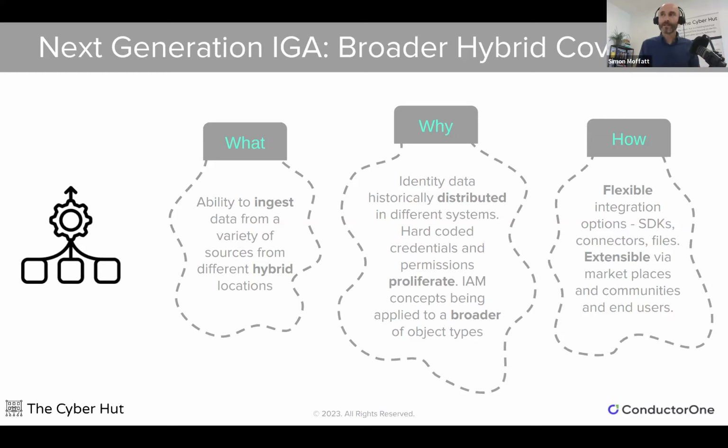And why? Well, clearly identity stuff is just going to be distributed. You're going to have good, clean, replicated directories, but you're going to have hard-coded stuff which hasn't been touched, hasn't got an owner, isn't under the control of anybody. And you've got this proliferation of shadow identity, if you like, which needs to be managed as well. So, yeah, how do we do this?